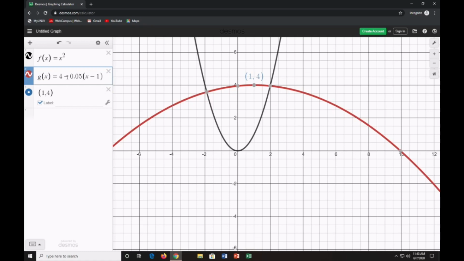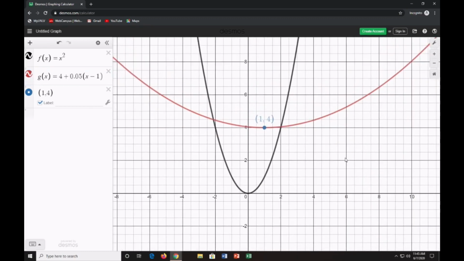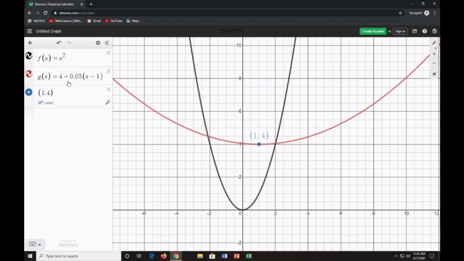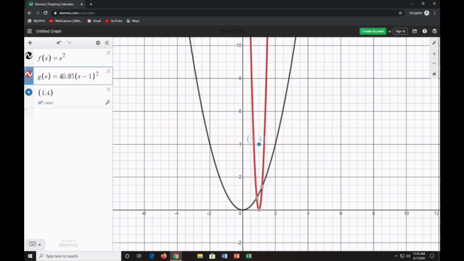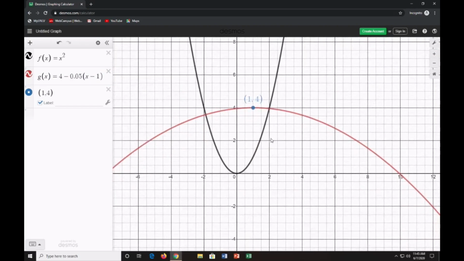Because we have 4 minus, it's flipped up and down. If you want me to make it positive, right there. So it's now 4 plus, and it's right side up, but still, take a look at how flat it has become. That's the effect of that number, 0.05, right?